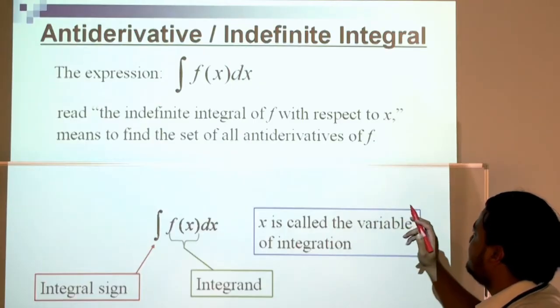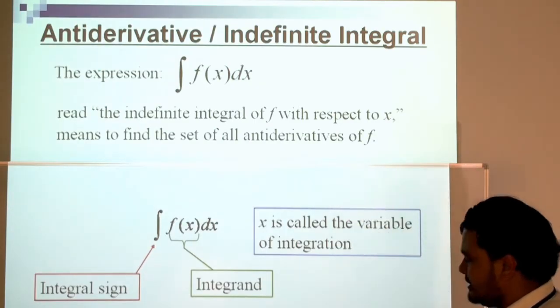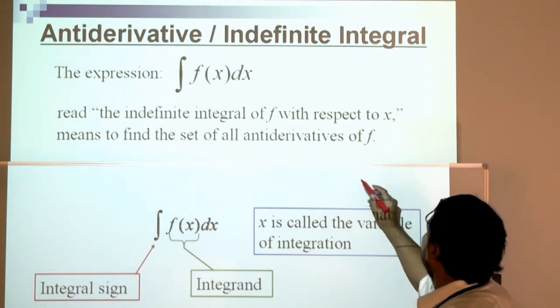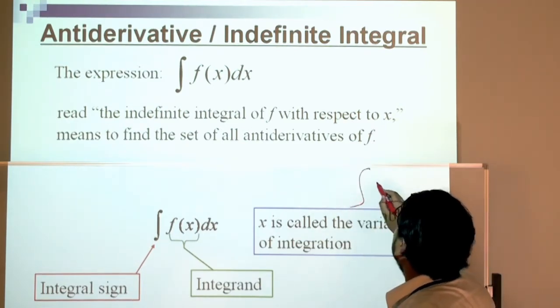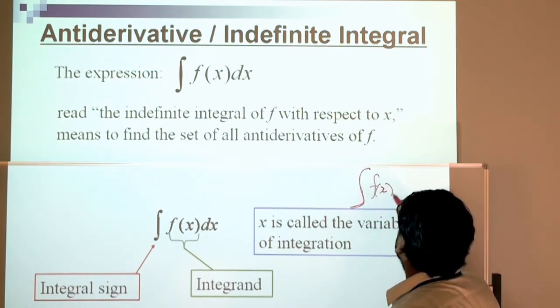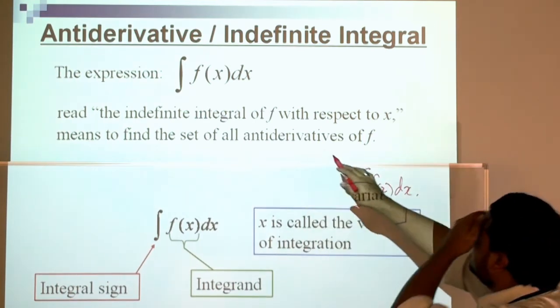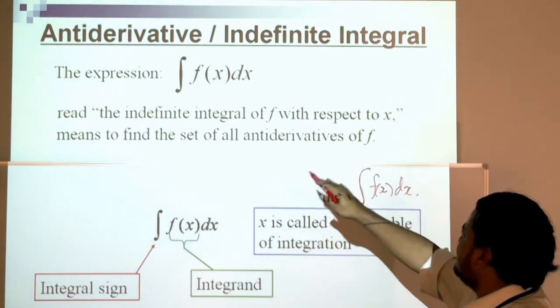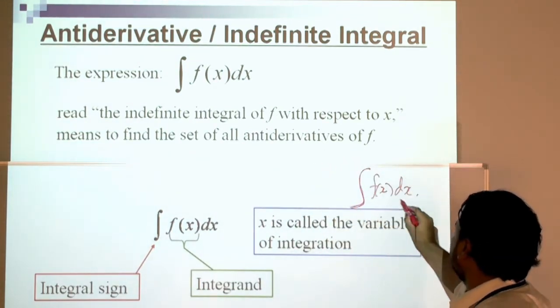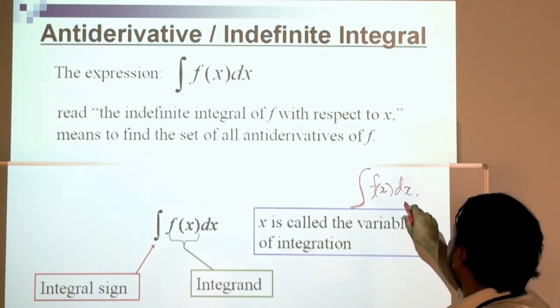The antiderivative or indefinite integral, again, this is how we write the expression, the elongated S, function of x, dx. You read this as the indefinite integral of f with respect to x, similar to differentiation.